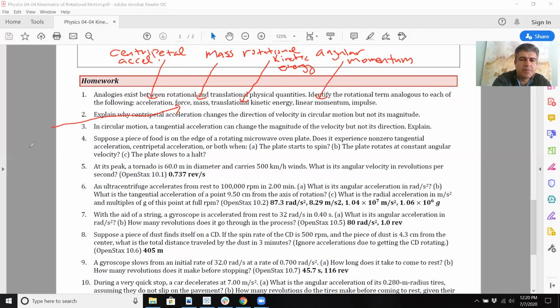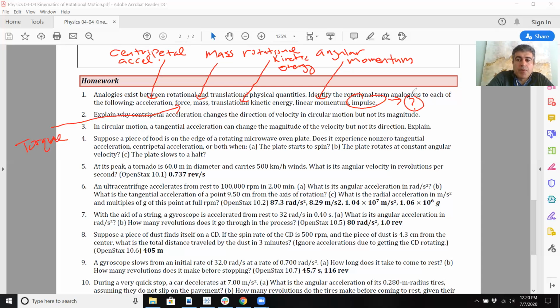Kind of, I don't know. In this way, it's kind of like torque. I'm not really sure about impulse. Let's come back to that. But those are some analogies between some of those quantities.